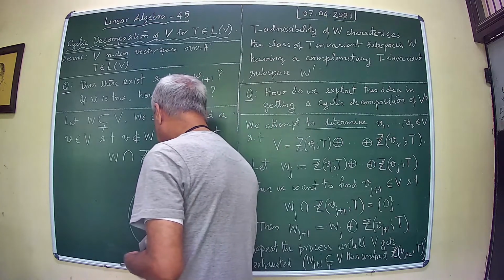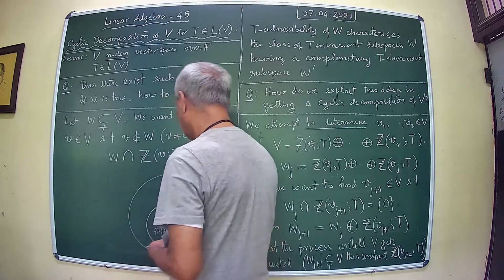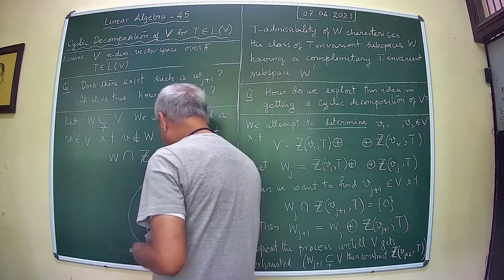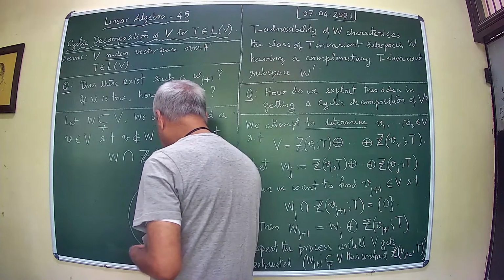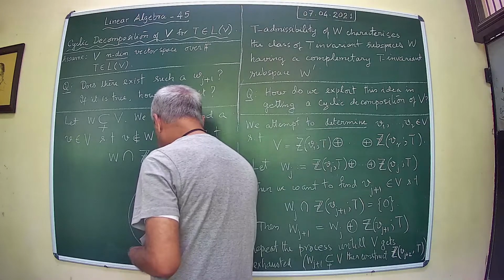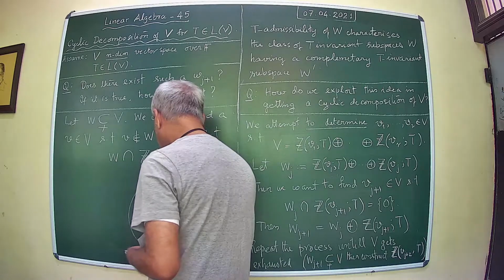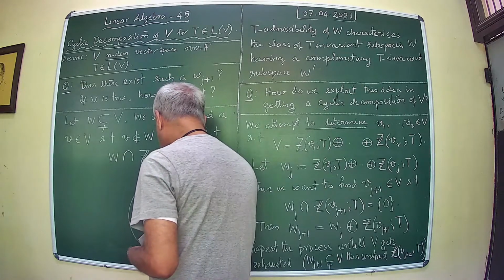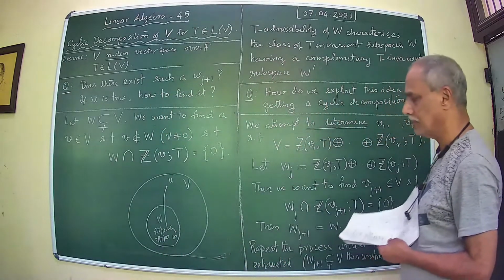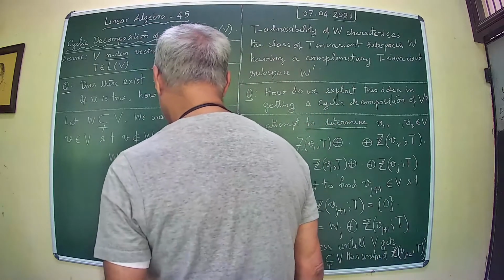This is inside W. Now, what T-admissibility tells us is that there is some W here such that f(T)U is equal to f(T)W. T-admissibility assures that there is a W such that f(T)U equals f(T)W.